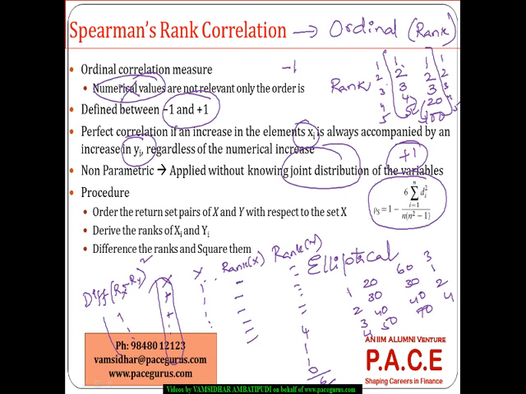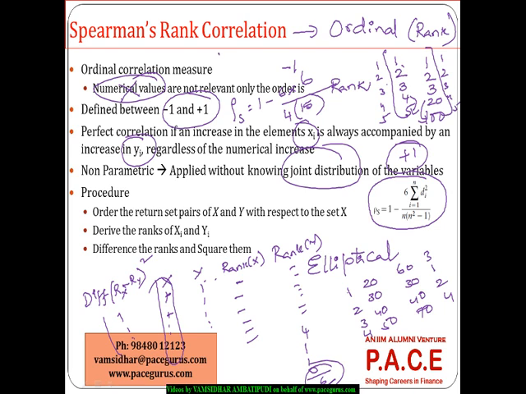So now the rank correlation is nothing but 1 minus 6 times sigma d squared, where sigma d squared here is 6, divided by n times (n squared minus 1). N is 4 elements. N squared minus 1 is 4 squared minus 1, which is 15, so n times that is 60.